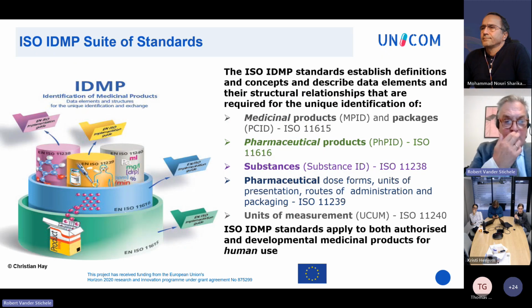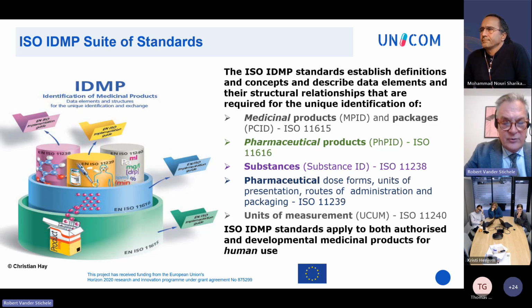This is the wedding cake of the 5 standards of the ISO IDMP suite of standards. 1 standard to identify medicinal product, 1 for pharmaceutical product, 1 for substances, and 1 for dose forms, routes of administration, units of presentation, and packaging.